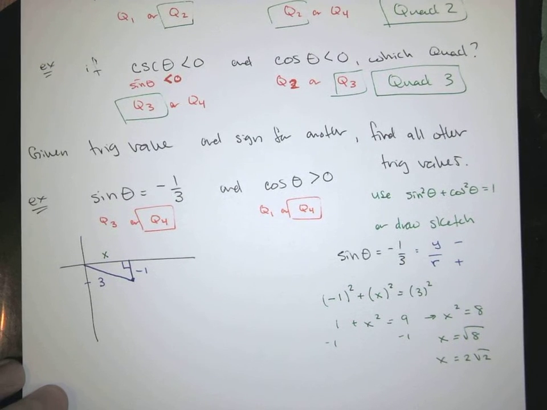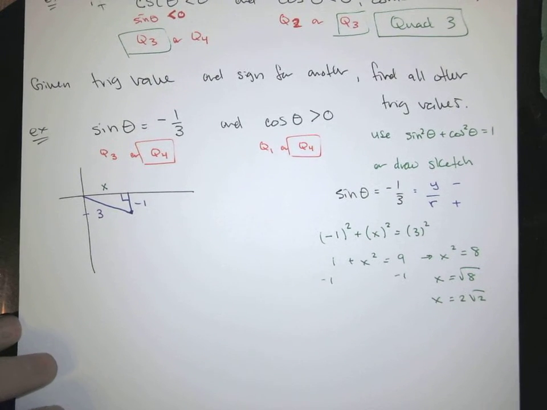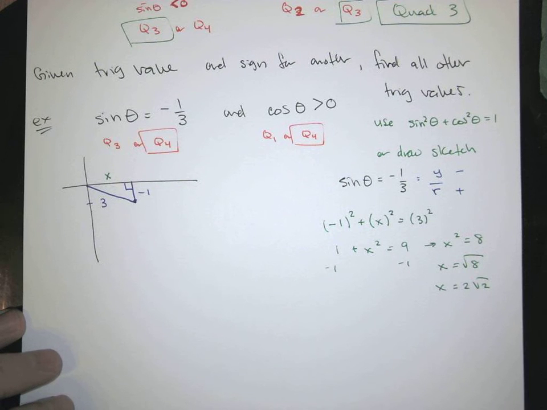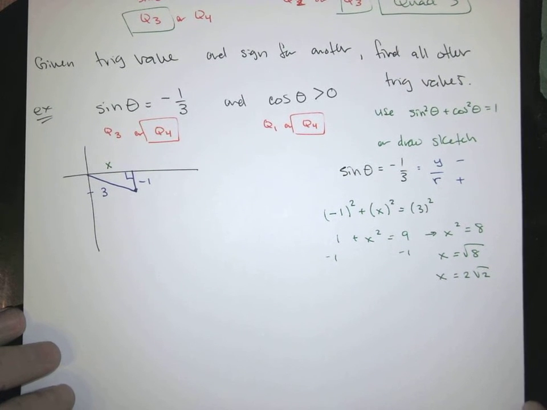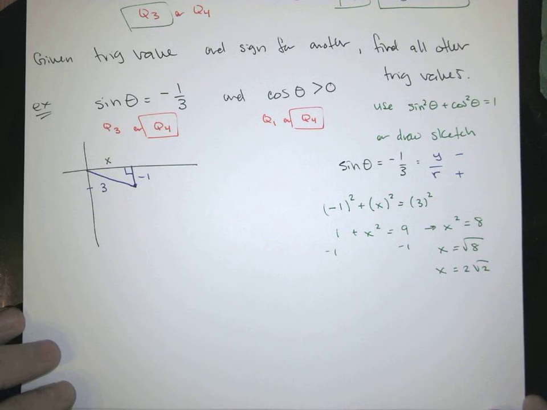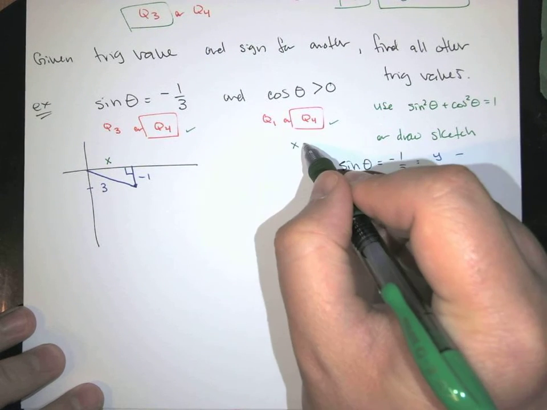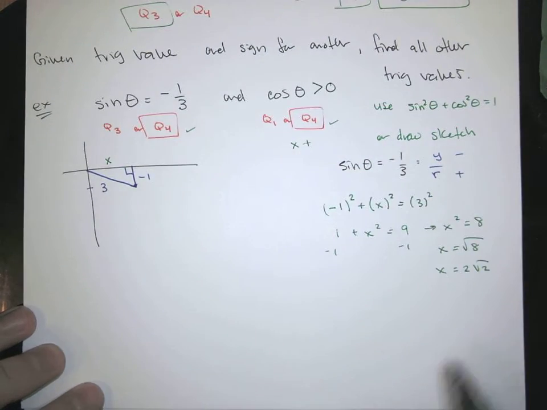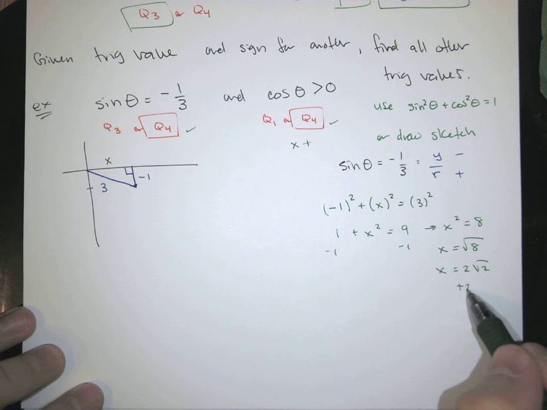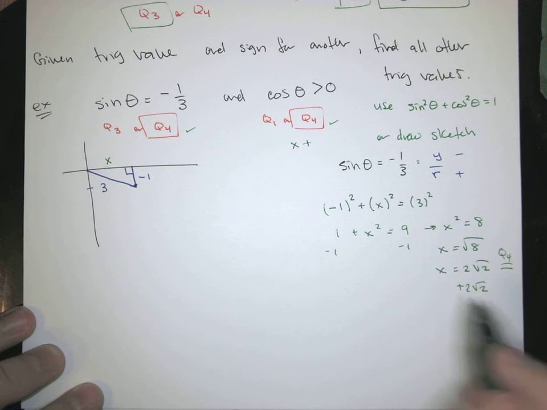Now part of what's going on here is that we're not just talking about right triangles in the first quadrant, we're in all the different possible positions. So is the x value positive or negative? That's where the quadrant question comes in. We're in quadrant 4, so the x value is positive. This has got to be positive 2√2, because we're in quadrant 4.